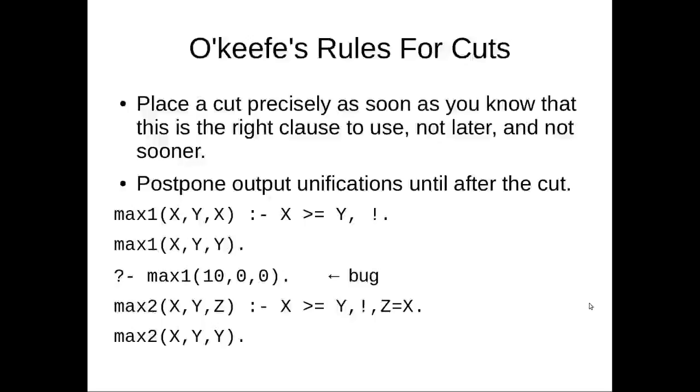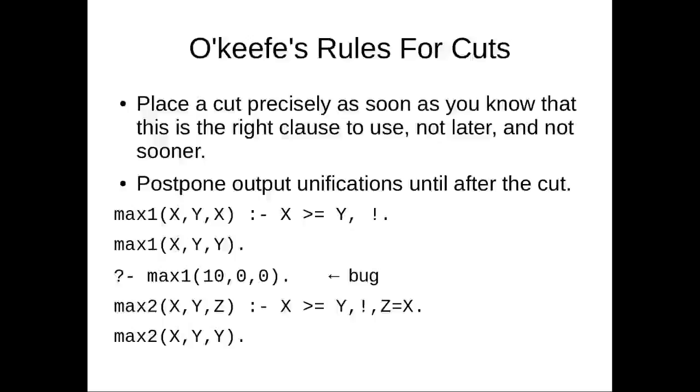All right, so he suggests these rules for where to place a cut. Look for the right clause to use, and as soon as you know this is the right clause, then put the cut there, not later or earlier. Postpone output unifications until after the cut.